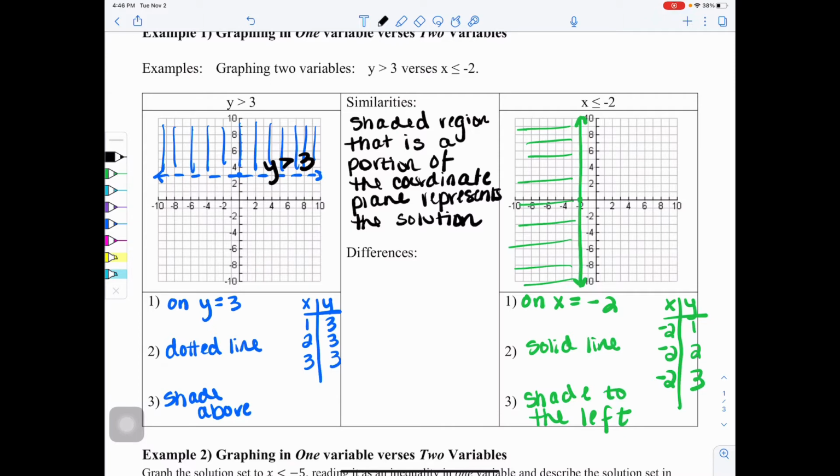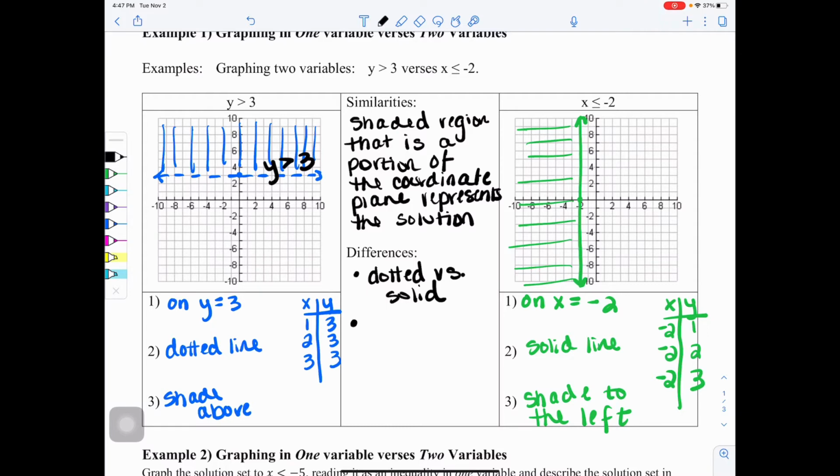Some of the differences we have is first of all, dotted versus solid. So one of ours was greater than, the value wasn't included, that's why we had a dotted line. The other one was less than or equal to, the value was included, so we had a solid line. And then, of course, the lines themselves.